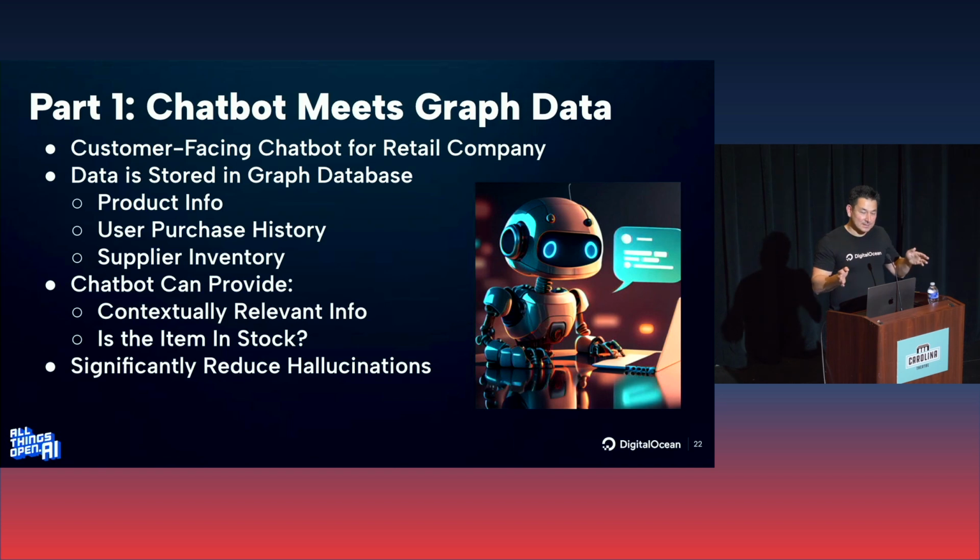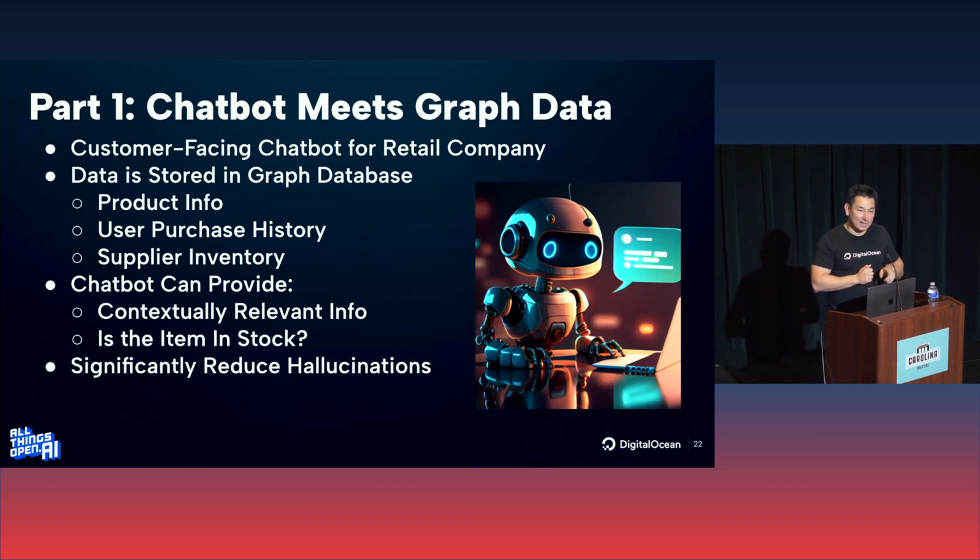When the customer asks whether this particular item is in stock, it's going to query the graph behind the scenes. Your RAG implementation is going to query the graph database, grab the inventory count, and come back and say, yes, we have 3 of these in stock, or no, we have 0, it's out of stock.